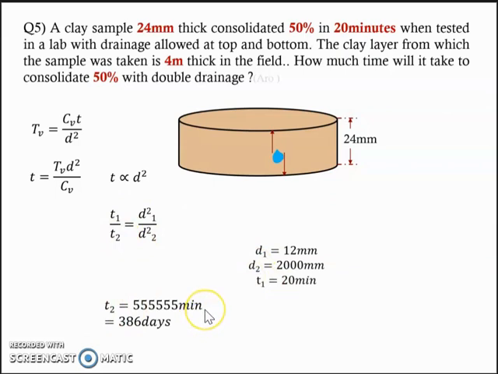So when you convert minutes to hours and then to days, you'll get 386 days. So that's the number of days which will take you to have 50% consolidation in the field for a 4 meter thick soil, the sample of which took 20 minutes to consolidate in the laboratory.